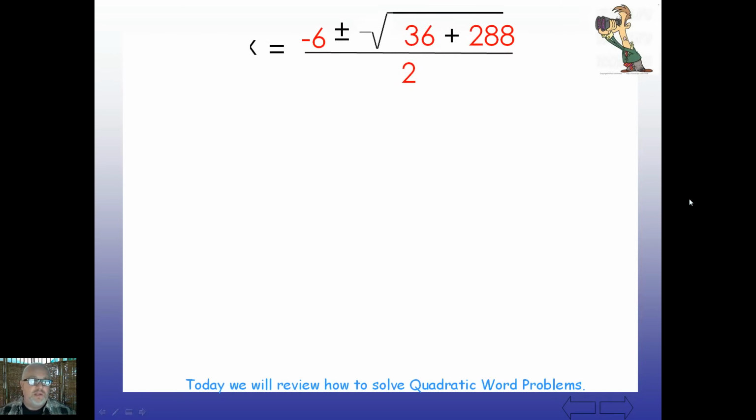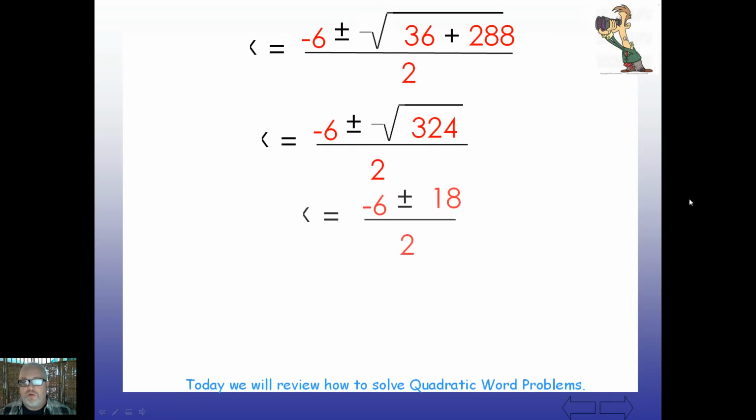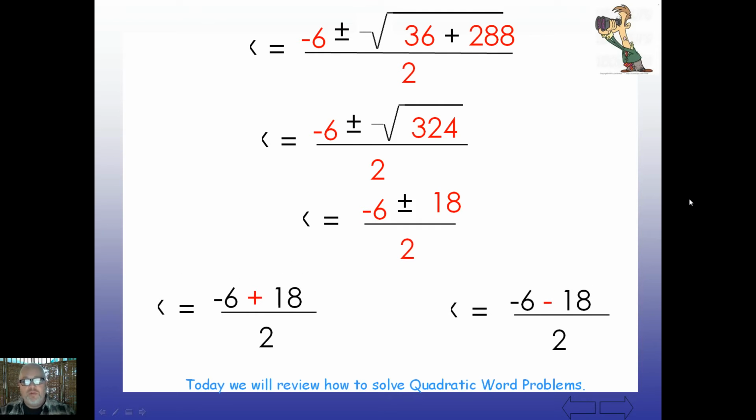That's going to clean up to the square root of 324. If you remember that from Unit 1, or if you're not sure, grab a calculator. It's going to be 18. Nice friendly number. Again, we get two distinct equations here: negative 6 plus 18, and negative 6 minus 18, both of them divided by 2.